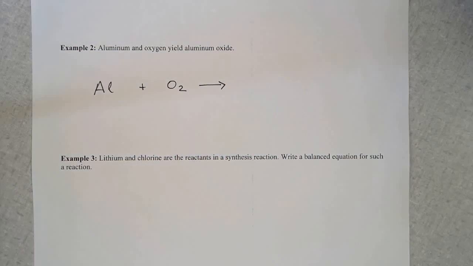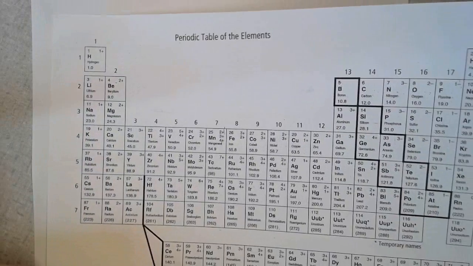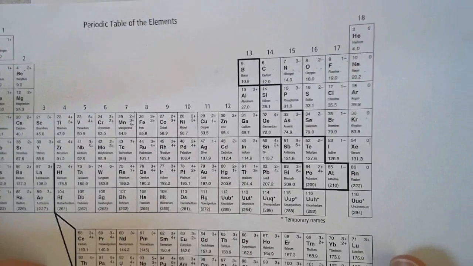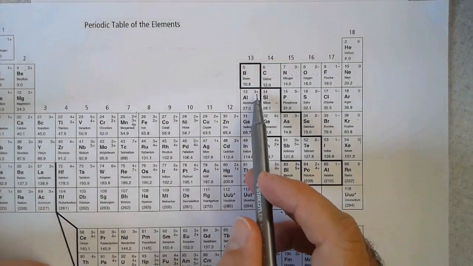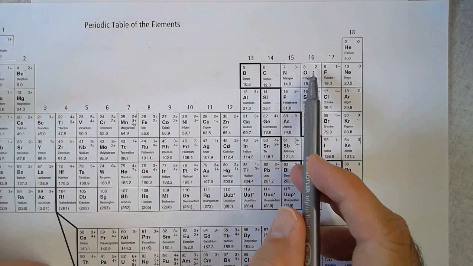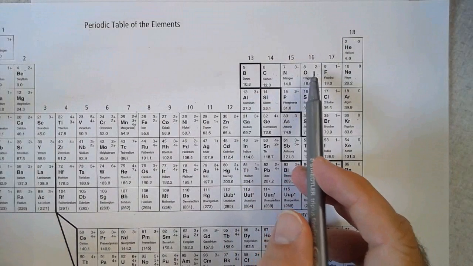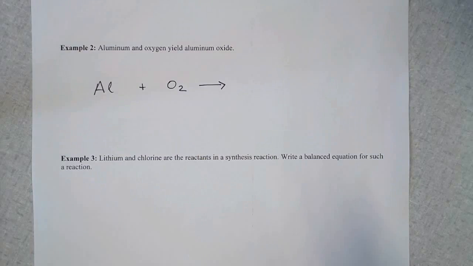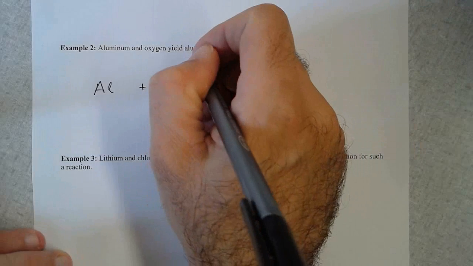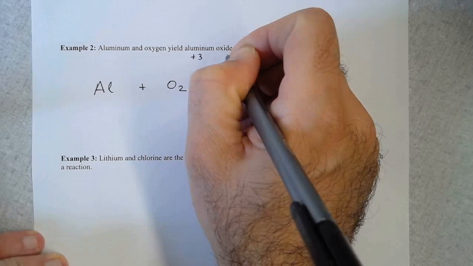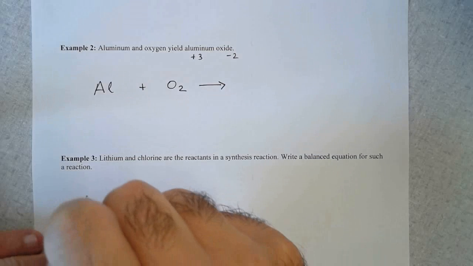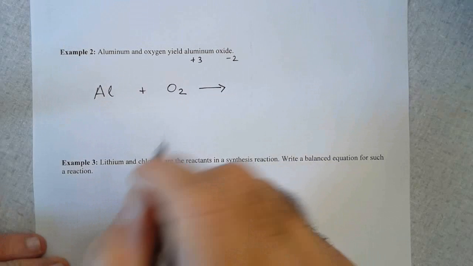So let's get our periodic table, and we see that aluminum has a charge of +3 and oxygen has a charge of -2. We'll use that to write the chemical formula. Here +3 and this is -2, and we're going to need to get a neutral compound.